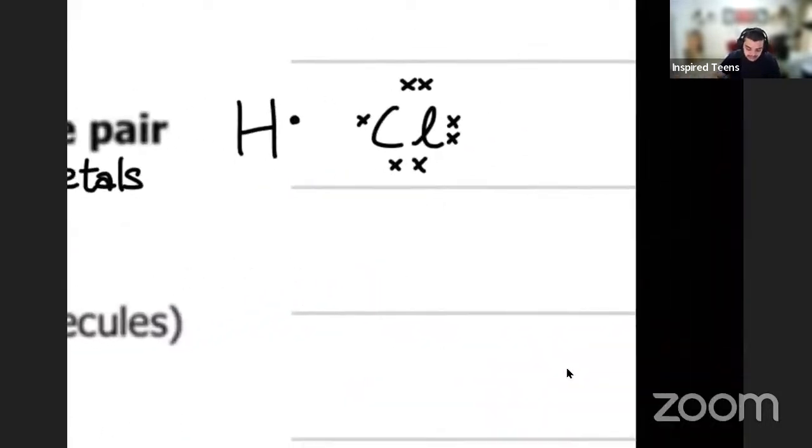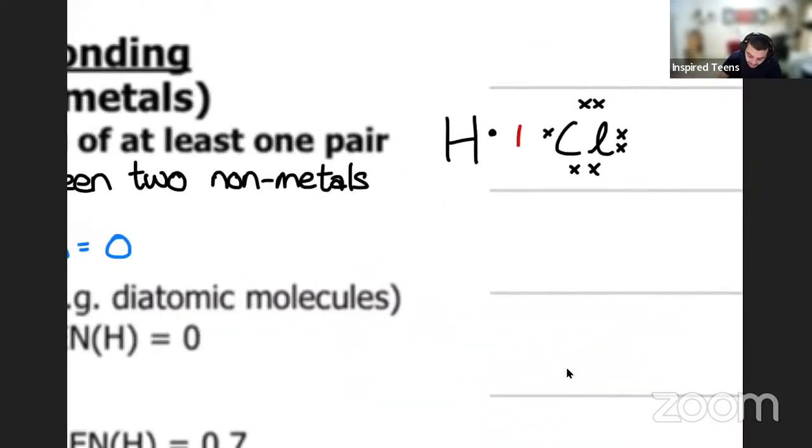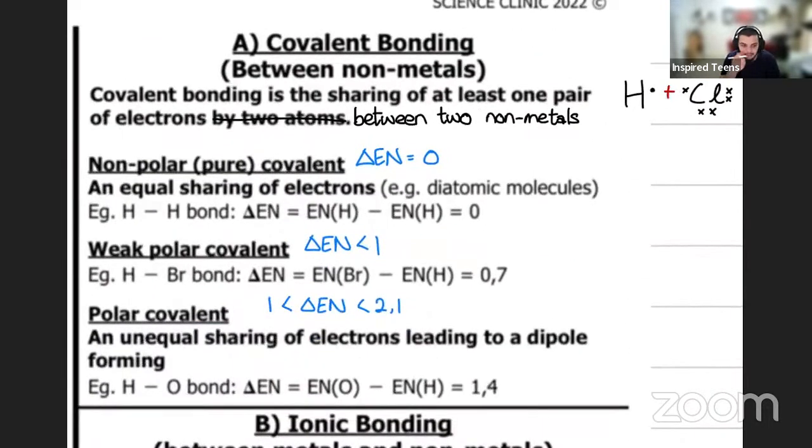So in this case, what actually happens when we combine these two is that they form a covalent bond. We can determine what type of bond they form by looking at the electronegativity difference. Let's look at the definition of a covalent bond. A covalent bond is the sharing of at least 1 pair of electrons between 2 non-metals. So here we have hydrogen and chlorine. Both are non-metals.